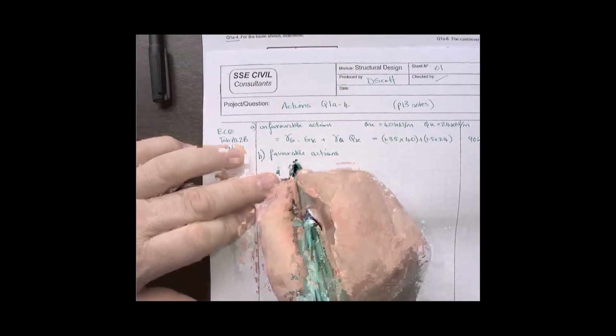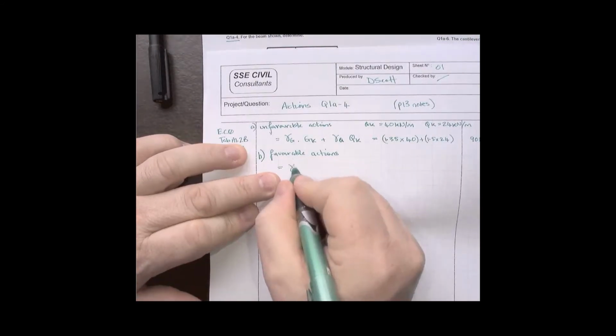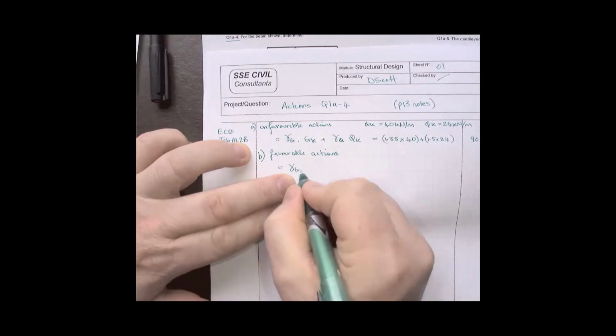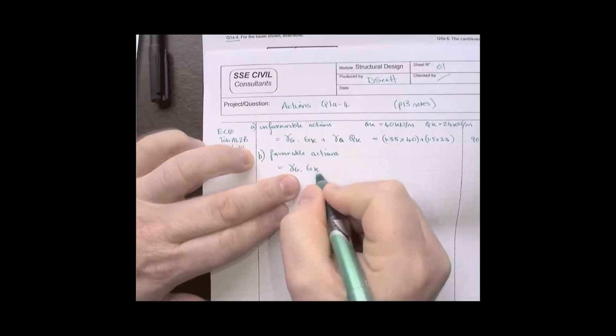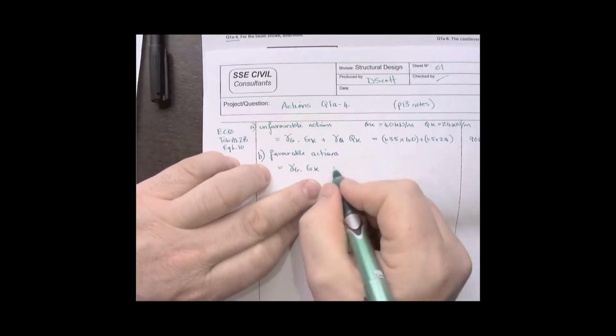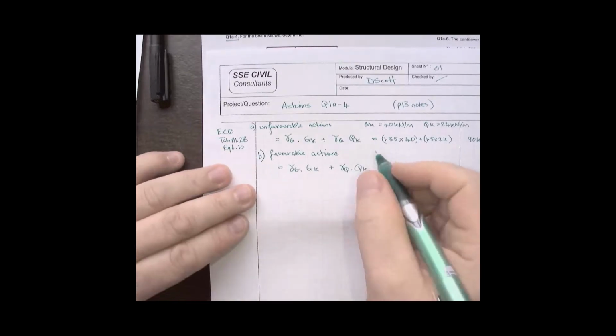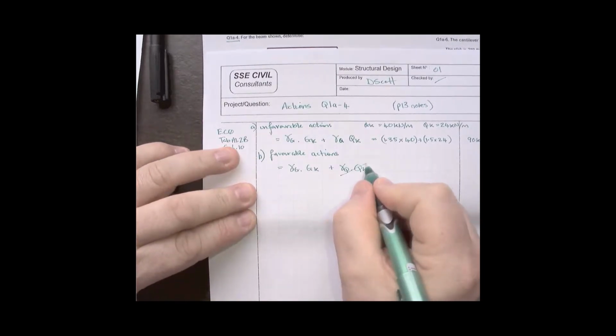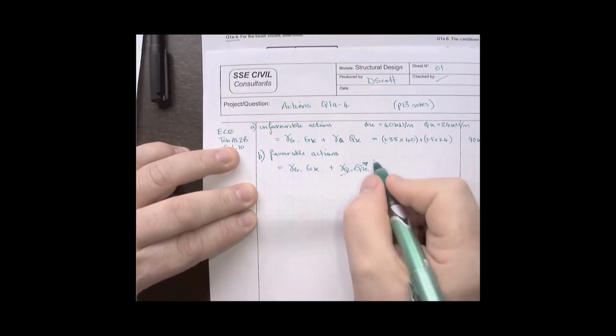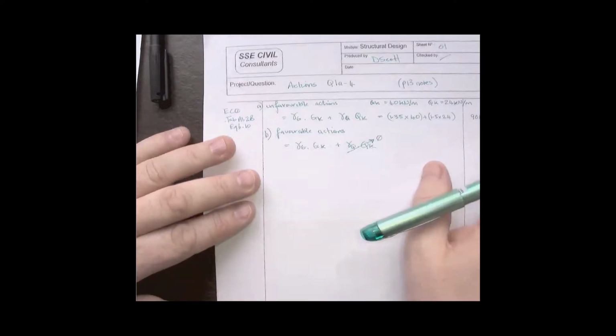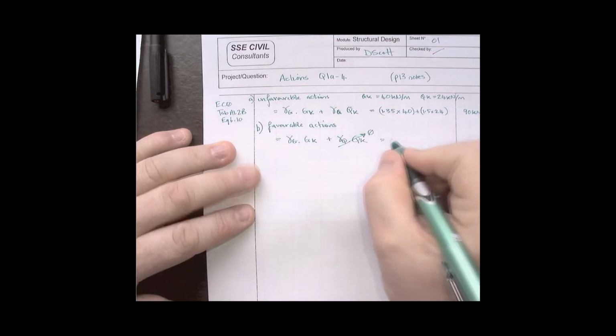We have gamma G again times GK plus gamma Q times. Now from that note it says that for a favourable condition that should be taken as 0, so that leaves us in the end with just the permanent action.